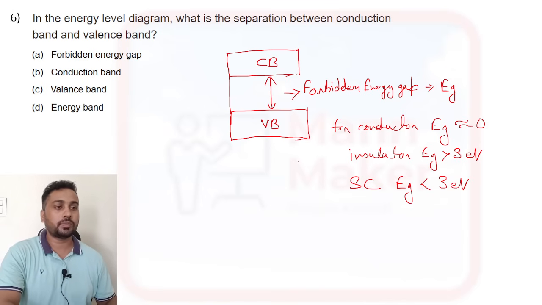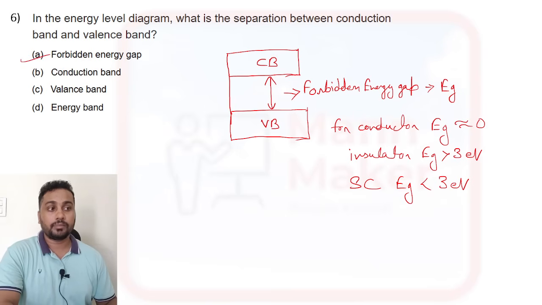Just remember these points. Here they asked about the separation between conduction band and valence band, so it is the forbidden energy gap. Option A is your right answer.